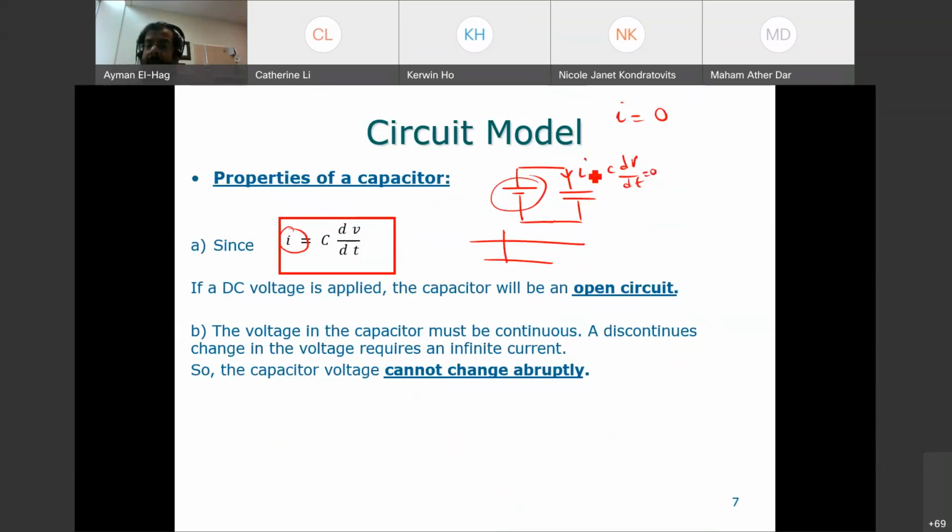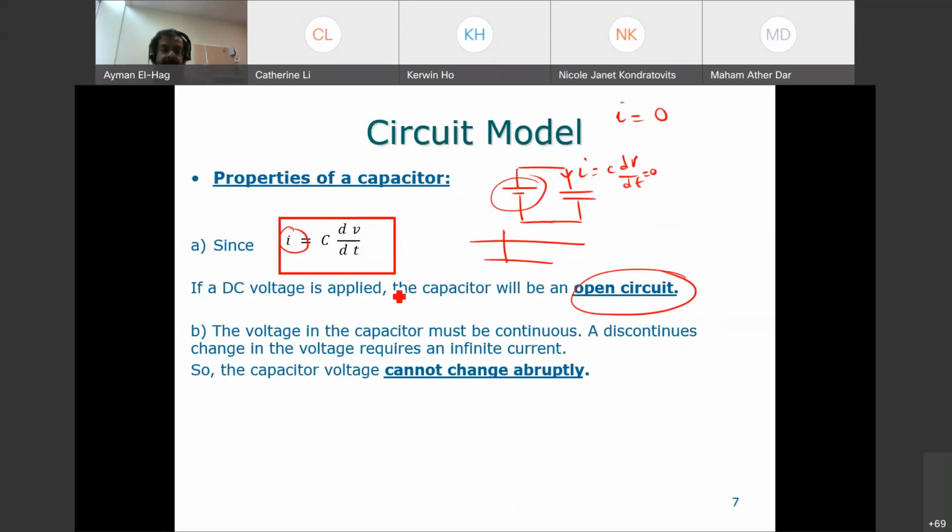So the capacitor in a DC circuit, when it is charged, is equal to an open circuit. So how do we represent the capacitor in a circuit? We represent it as an open circuit, which is something very interesting. When I model the capacitor, I will just remove the capacitor and substitute it, as we will see, with just an open circuit.